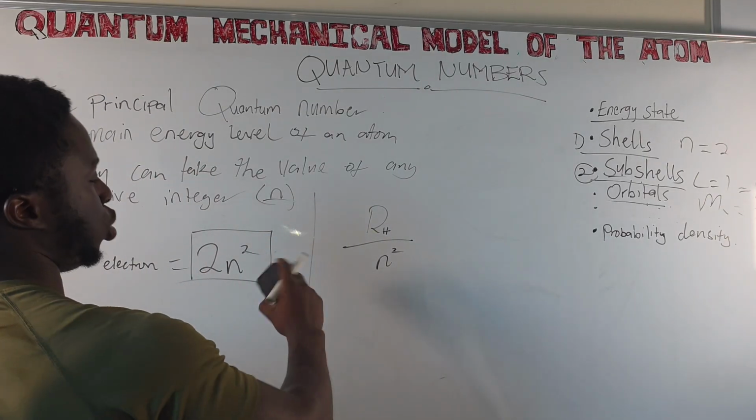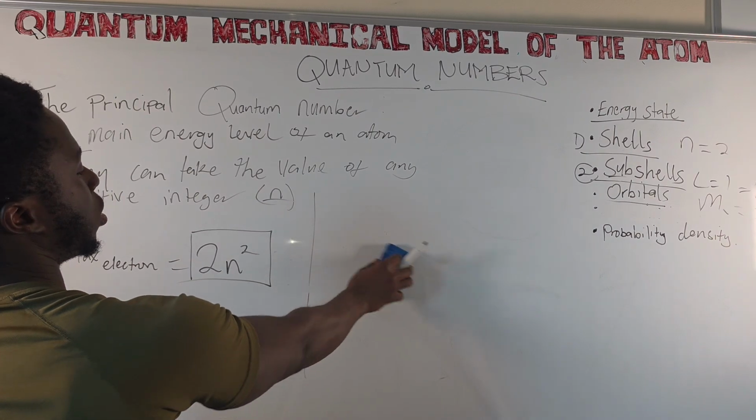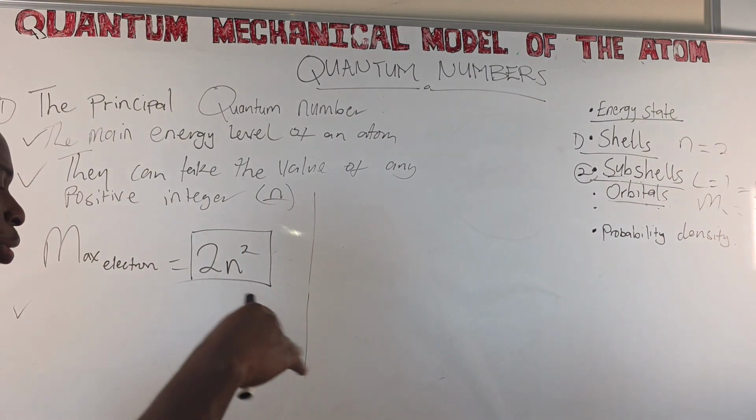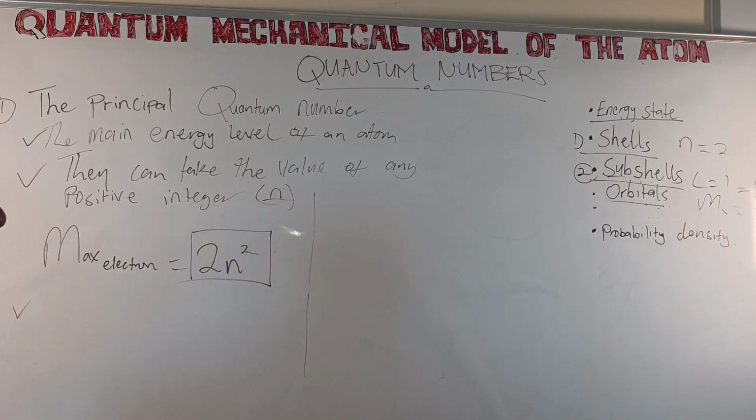One way to remember it is that principal quantum numbers work like gravitational energy. The further you move away from the nucleus, the lesser it gets.